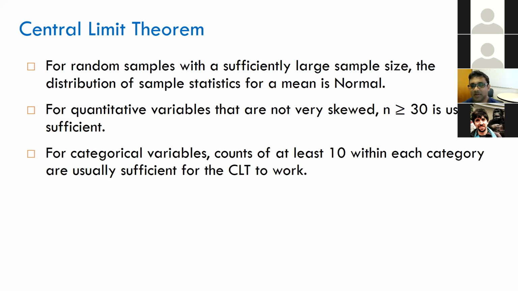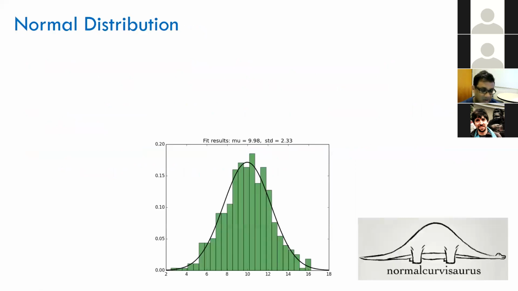So the central limit theorem comes into the picture based on the sample size versus whether you have skewness or not. But if you don't understand this one, don't worry about that. Right? All right.